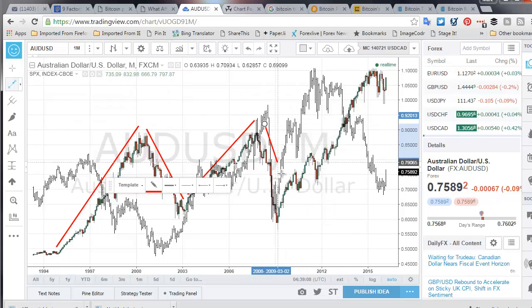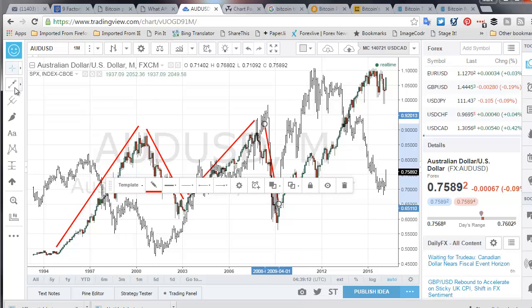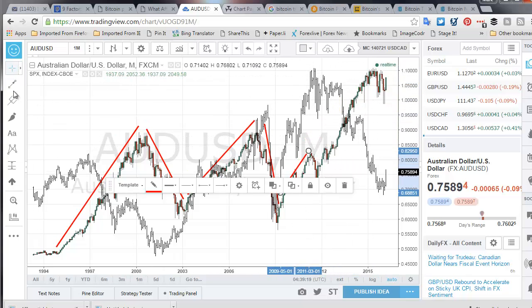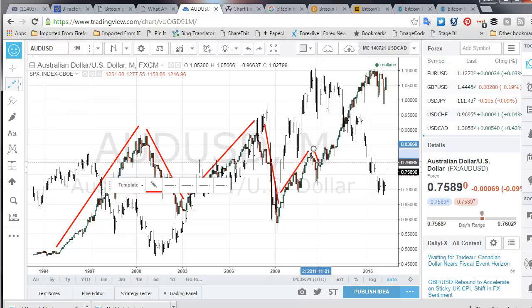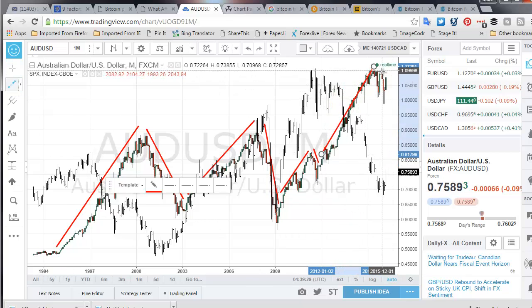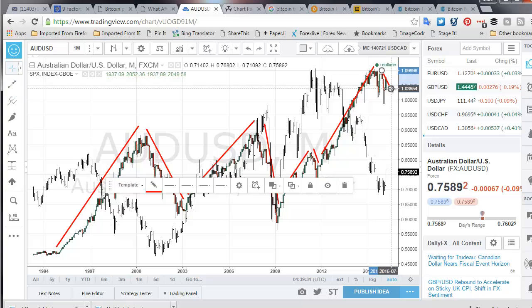We've got the collapse at the GFC, and then we have a long run up with one small hiccup since March of 2009. I said there was one hiccup, we've got the recent hiccup over here. So that's what the S&P 500 looks like.